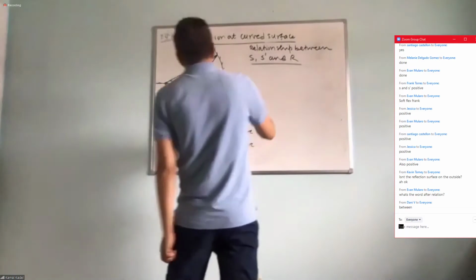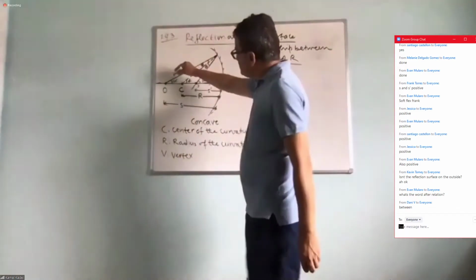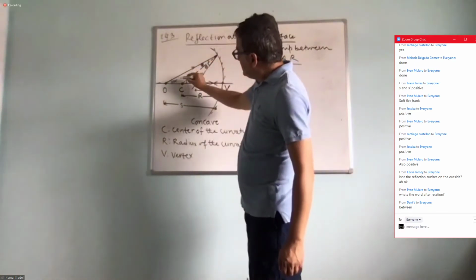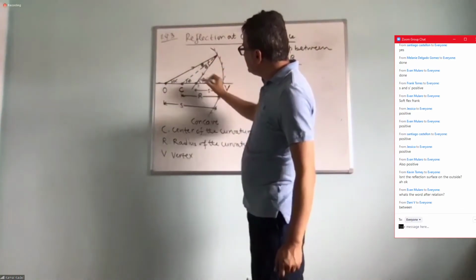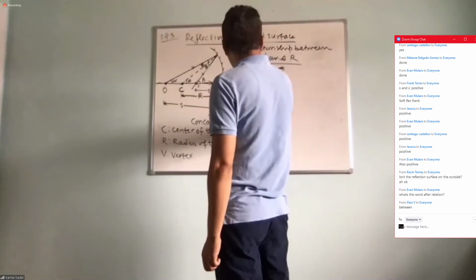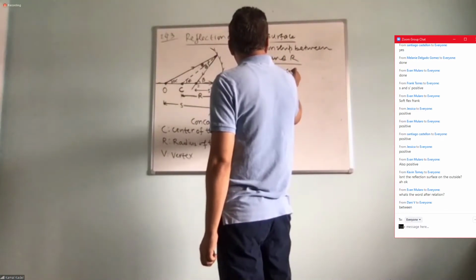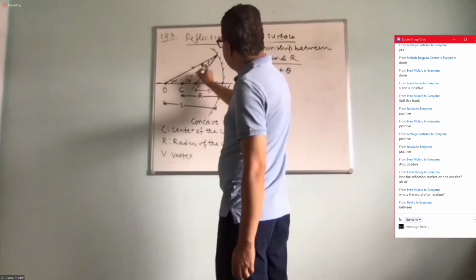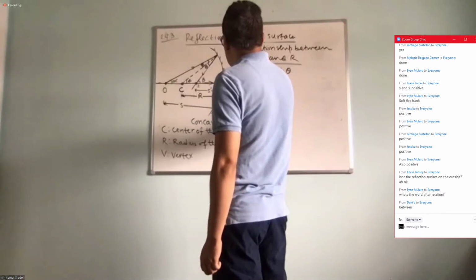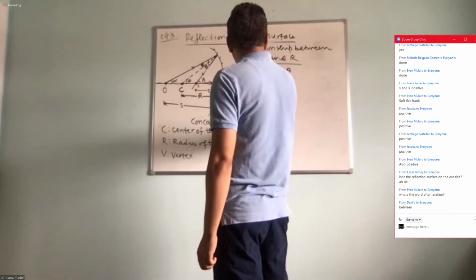Okay, if I have this, then if you look here in this triangle, this is alpha, this is theta, this is phi. I can write phi equals alpha plus theta. And in this triangle here, I can write beta equals phi plus theta.